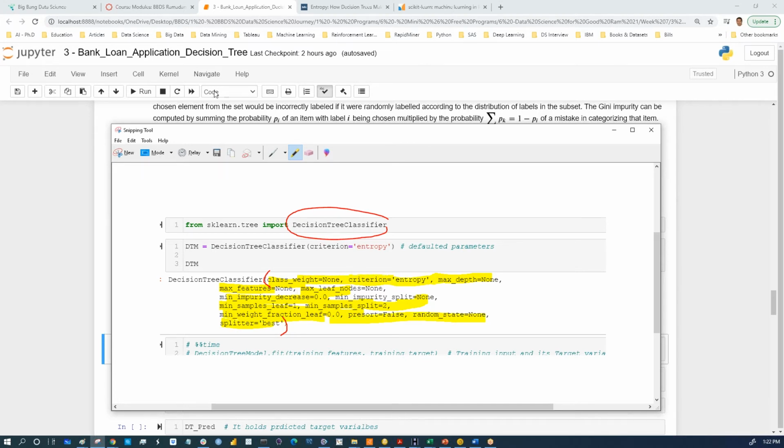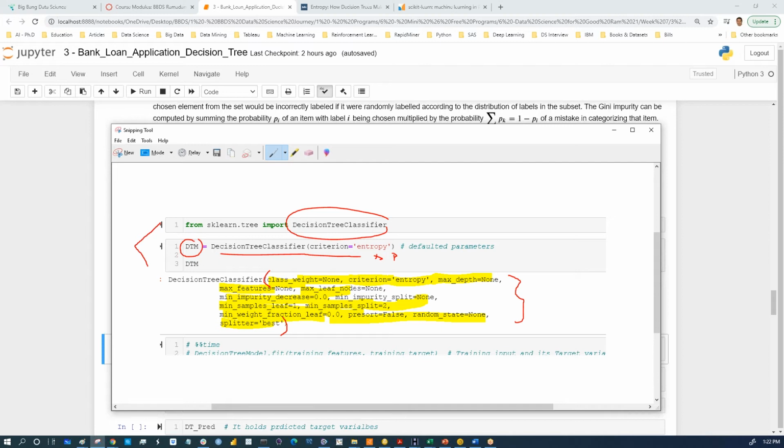These are the parameters we are going to change later if we want to improve its quality. So what we just did is import the method, initiate it with one parameter change, and store the initiated model into an object called DTM. Clear? Yes.